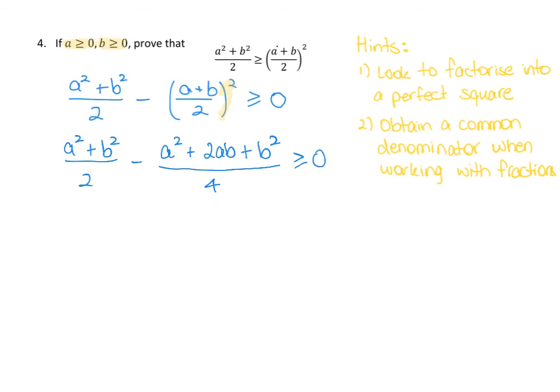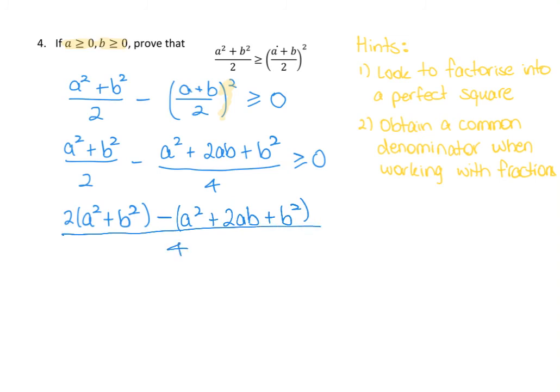And that shows me that to obtain a common denominator, I need to double the values in the first fraction. And I'll subtract that from this entire second numerator. And now I have all of that over a common denominator of 4.